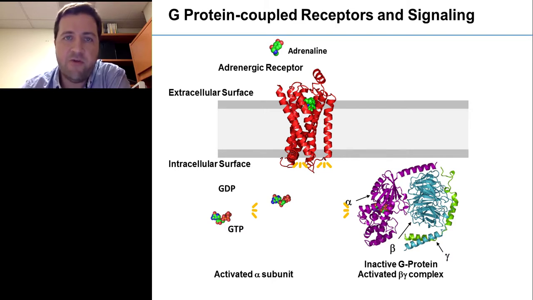This change enables complex formation with the trimeric G protein that facilitates exchange between GTP and GDP, shown here. This exchange then breaks apart this trimeric G protein complex into 2 subunits that each activate signaling cascades. This ultimately results in a physiological consequence.